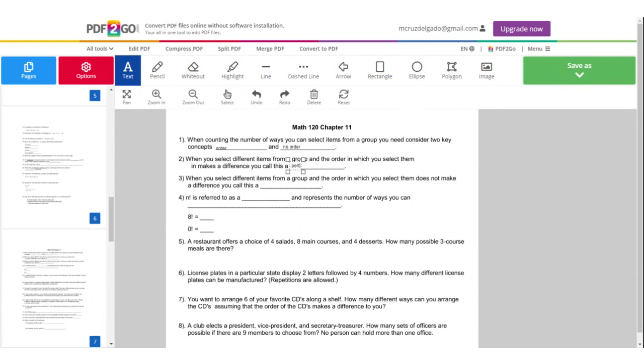When order is important, we're going to use permutations. And when order is not important, then we're going to use the combination.